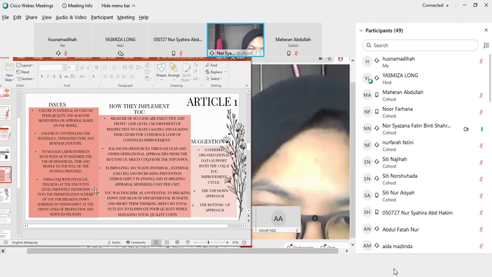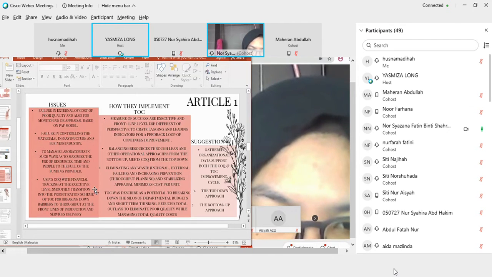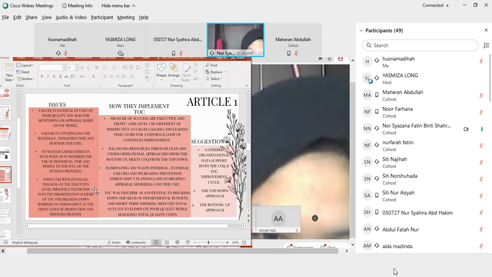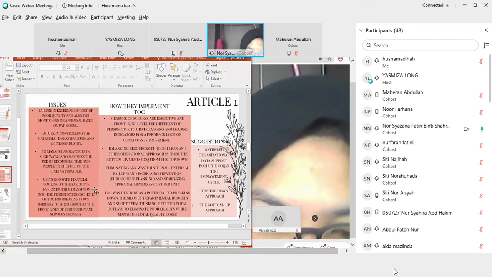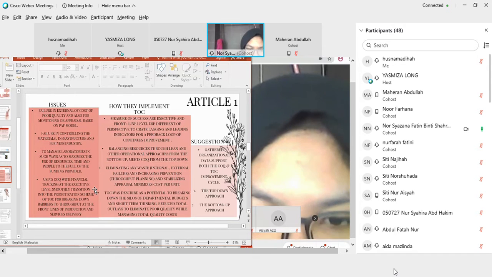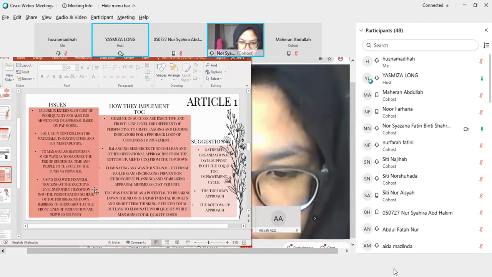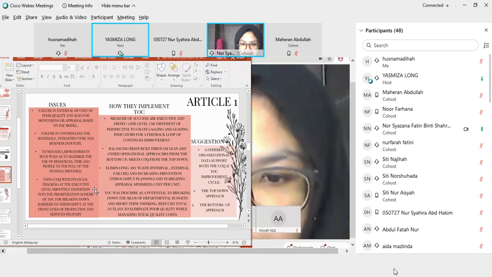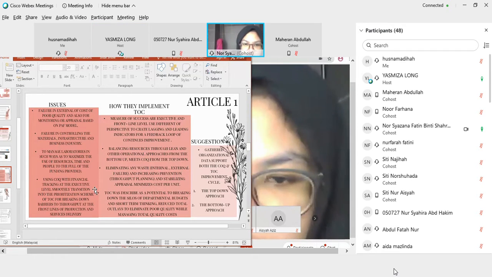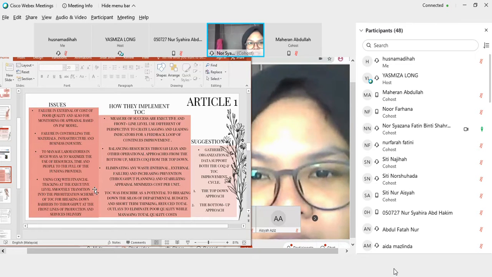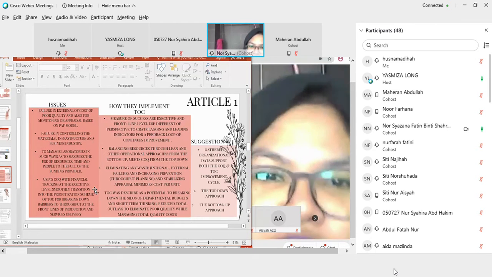Using COQ with financial tracking at the executive level, smoothly transition into the prioritization scheme of TOC for breaking down barriers to throughput at the front lines of production and services delivery. So I will pass to my friend to continue to present.